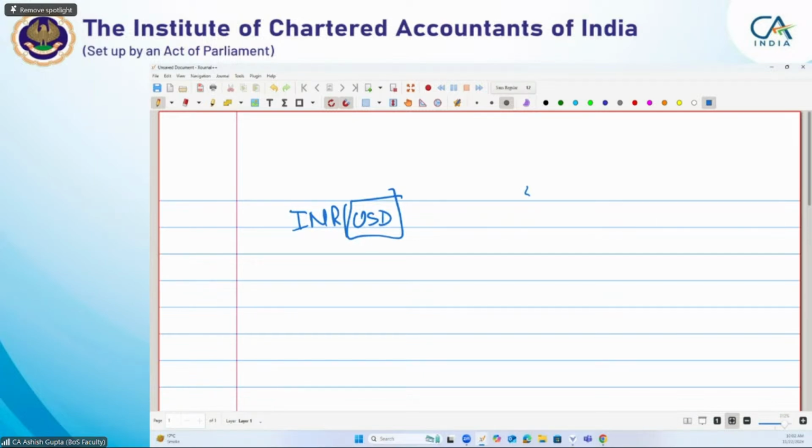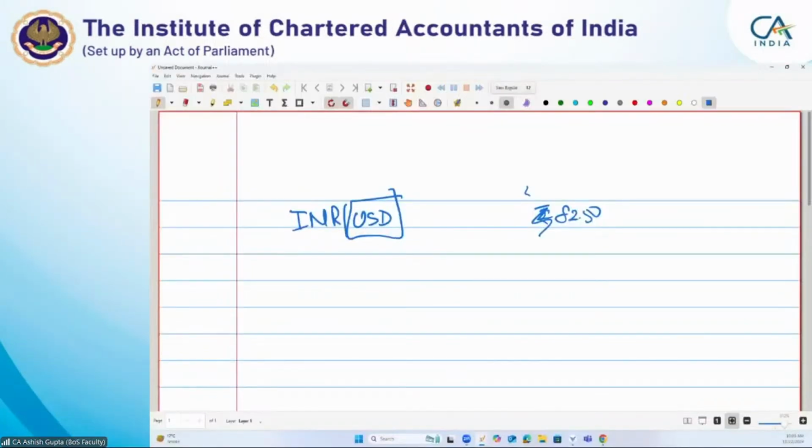I would like to clarify here, students, please note that if in the examination the quotation is given to you in this manner, like 82.50, and rupee has not been mentioned, then normally no problem. But if it has been written explicitly, Amit sir has told you we have to consider it that way.